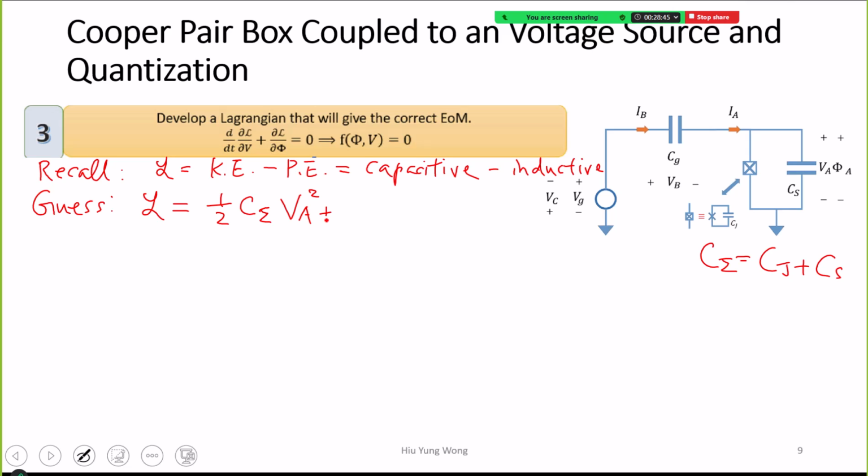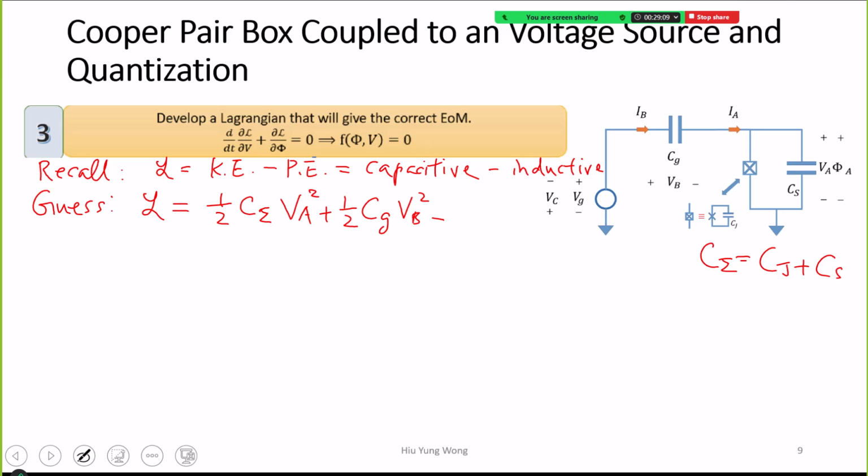I have another capacitive energy in this circuit, right? Which is half CG VB squared, because this is the voltage across CG. Okay. How about the inductive energy? The inductive energy will come as the Josephson energy.